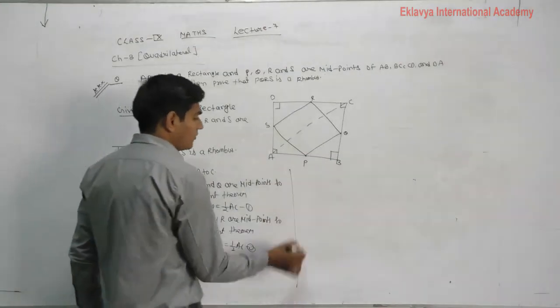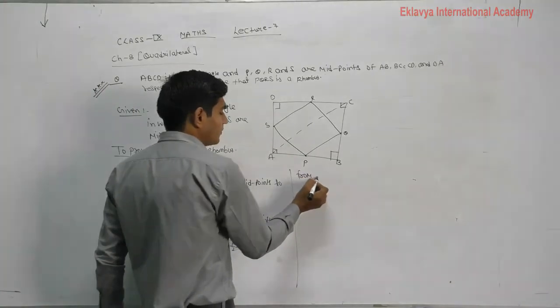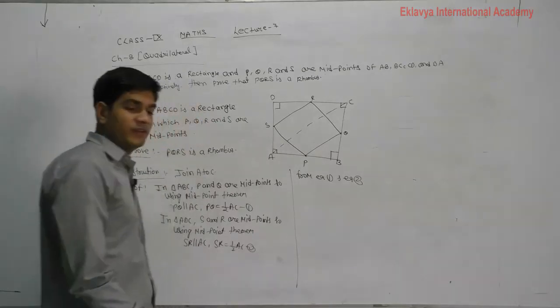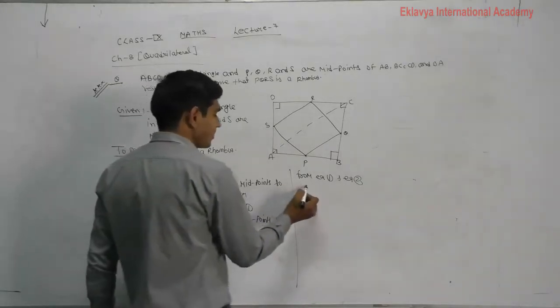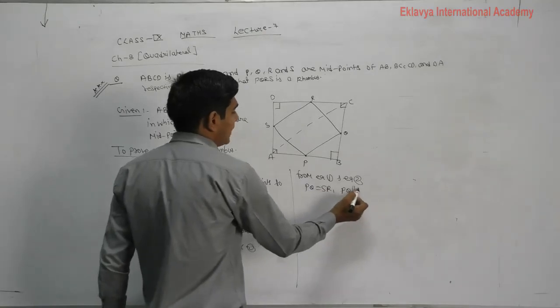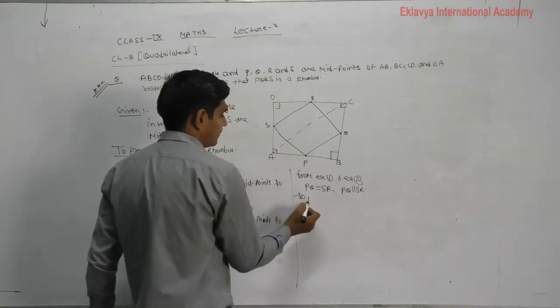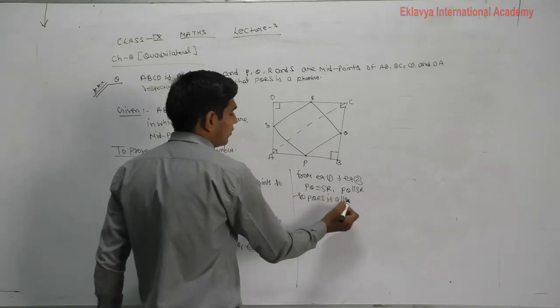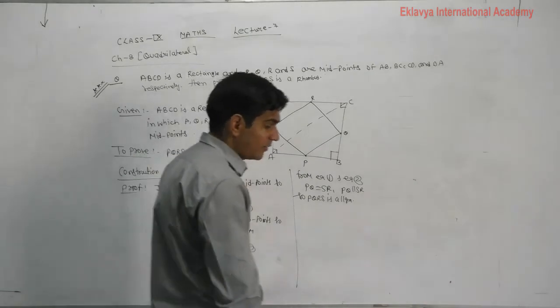Now from equation first and equation second, what are we observing here? PQ is equal to SR and PQ is parallel to SR. So PQRS is a parallelogram. Half part proved.